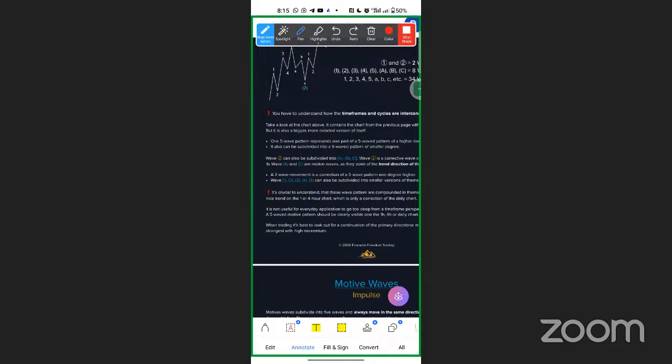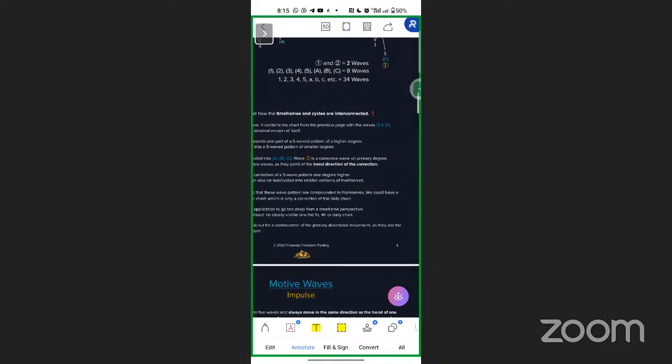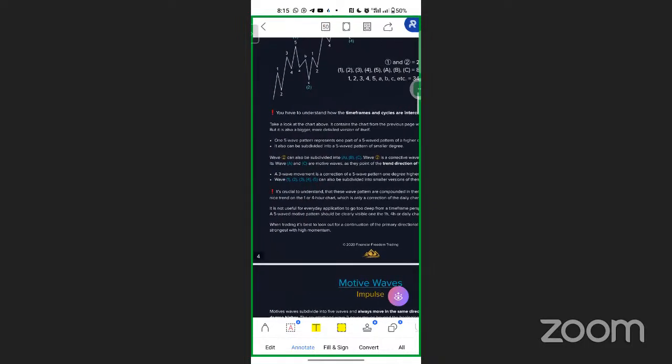The 5 waves are 1, 2, 3, 4, and 5. They should be clearly visible in 1 hour and in 4 hours, or you go and directly use the 1 day time frame. When trading, it is best to look for a continuation of the primary direction, as they are the strongest with high momentum.